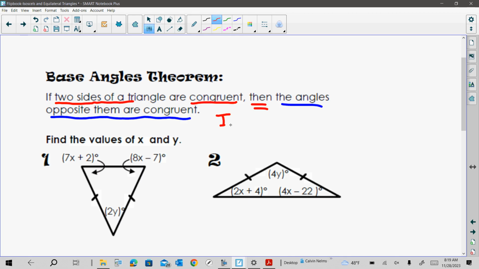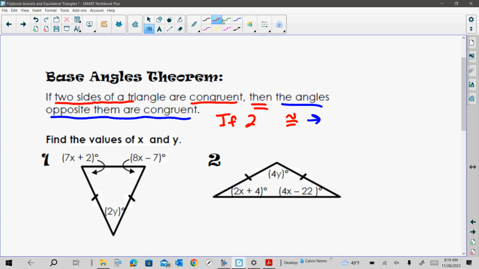So if I see two angles congruent, then, I'm sorry, I said angles, I meant sides. That's the converse.